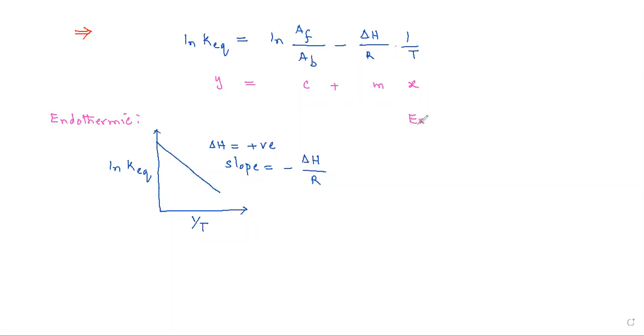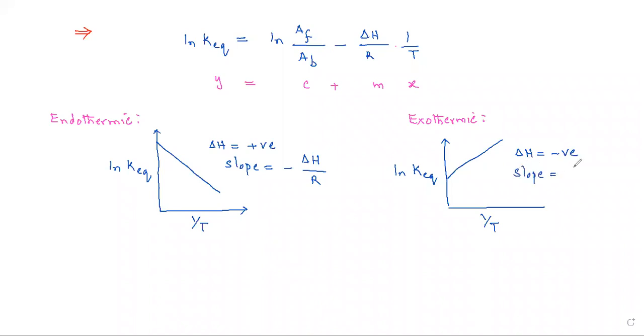Now going for the exothermic reaction, it will be like this. Because it is exothermic, delta H is negative.